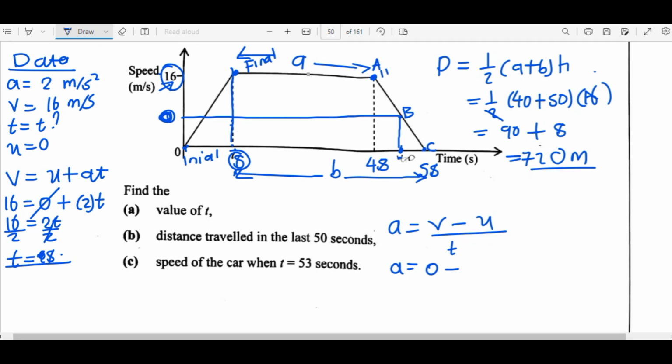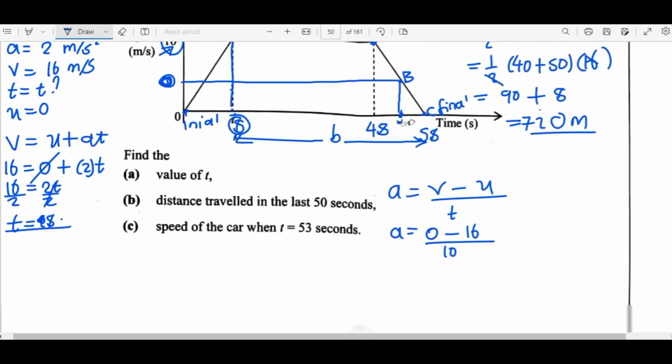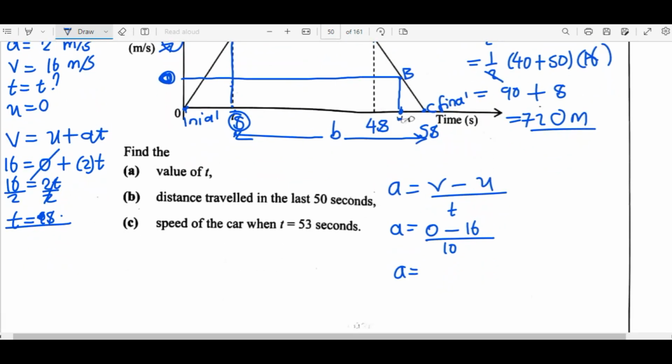So 0 minus 16 over t. The time from 48 to 58 is 10. So acceleration is equal to negative 16 divided by 10. If we reduce, we get negative 8 over 5. We can leave it as a fraction.